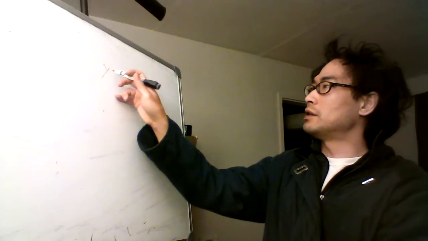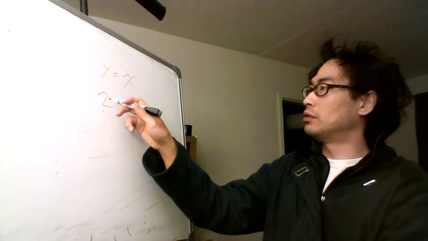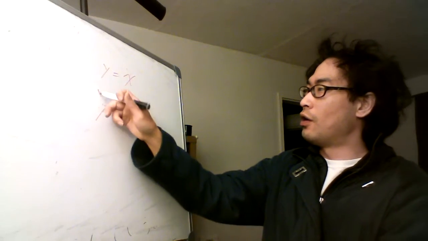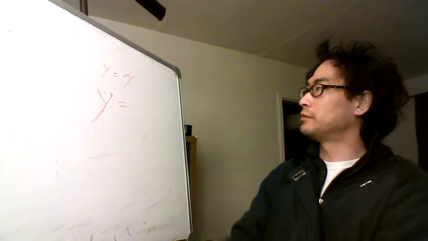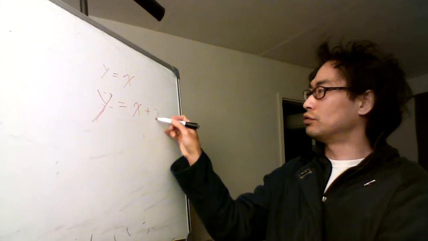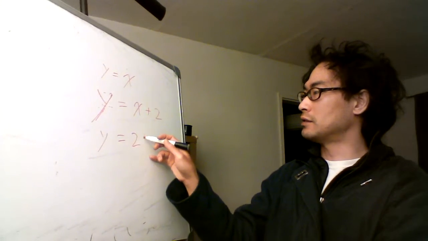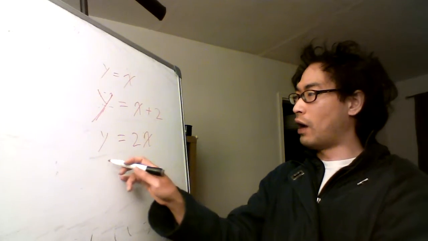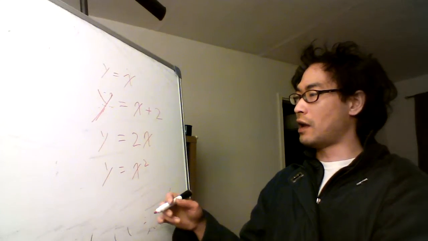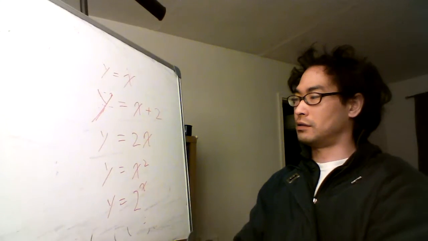You have y is equal to x, y is equal to x plus 2, y is equal to 2 times x, y is equal to x to the second, and next step, y is equal to 2 to the x.